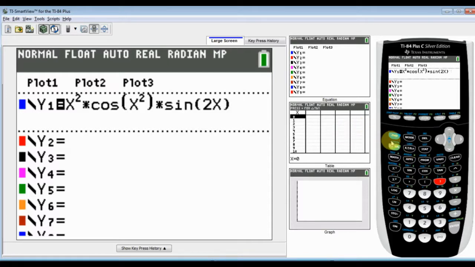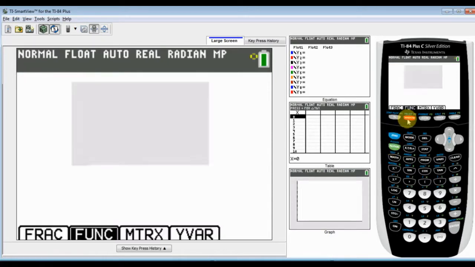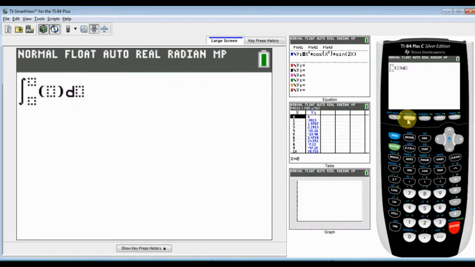Going to the home screen, we're going to evaluate this. We want to take the integral. If you don't remember where the integral is, it is alpha f2. Integral is number 4, fn int. We're going to integrate from 0 to 2.